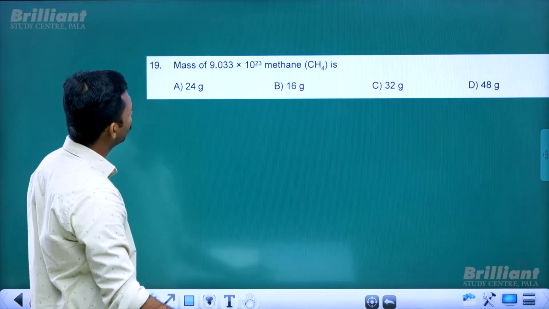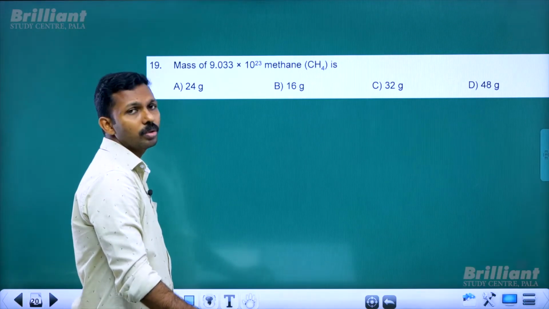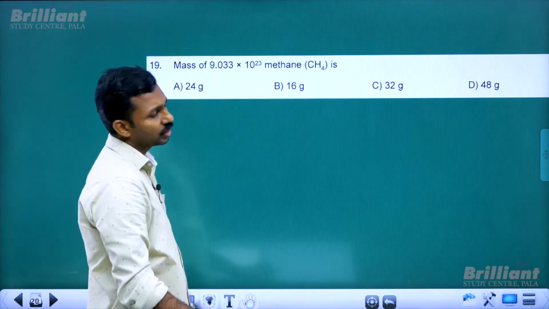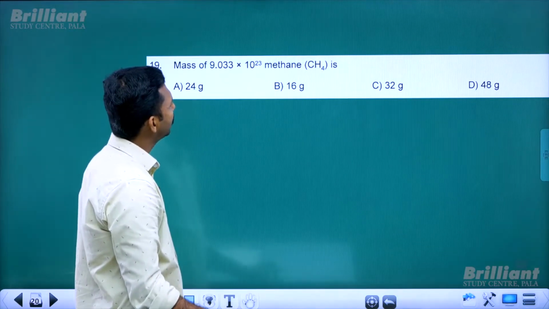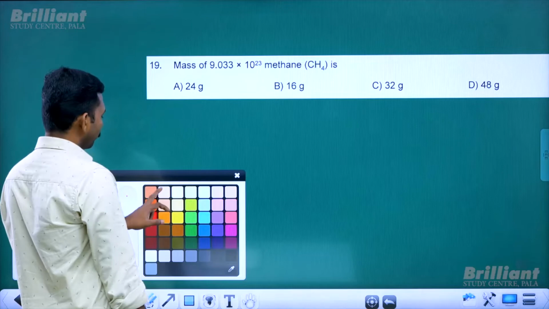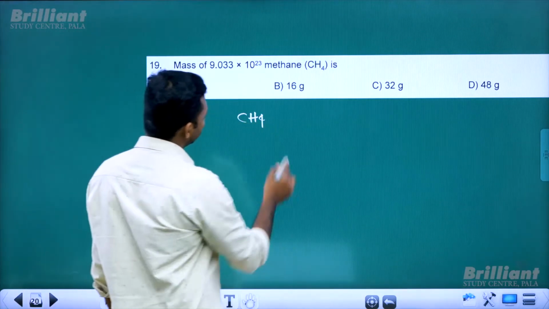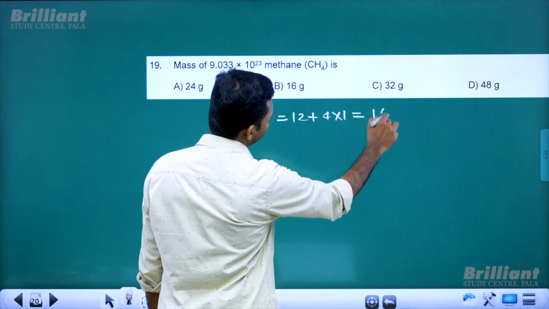Next is the mass of 9.033 into 10 raised to 23 methane molecules. Here it is given as the number of methane, so we have to calculate the mass. We know methane, CH4. Its molecular mass is 12 plus 4 into 1, that is equal to 16 gram.